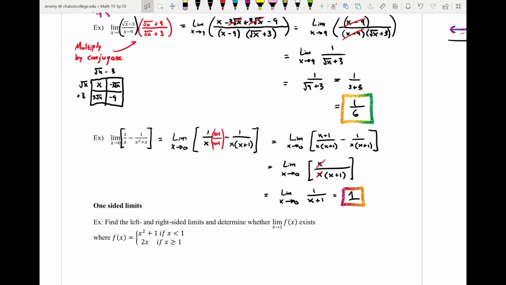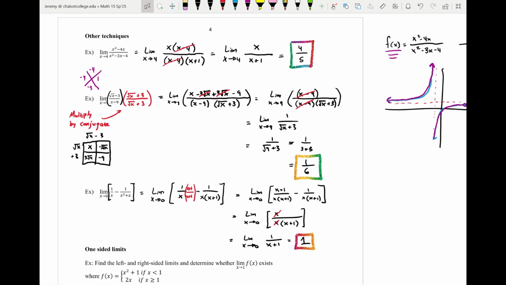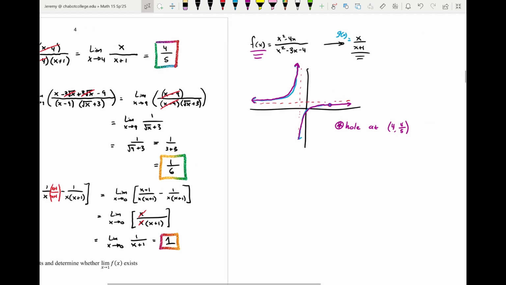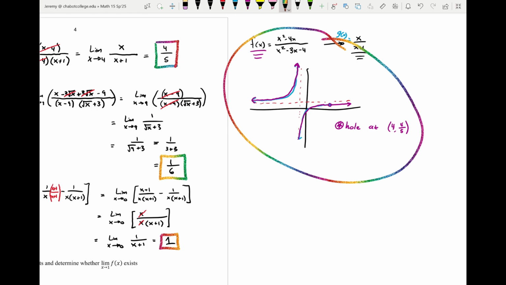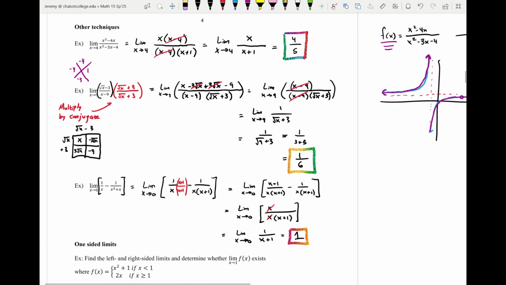Okay, good. So notice that in each of these last three examples, they all kind of ended the same way, where there was this problematic factor that was making it so we couldn't direct substitute. We did some algebra and it canceled out. It turns out in each of these cases, it was like this first picture we were looking at, where it was a hole in the graph that was making it so that we could not evaluate the limit.